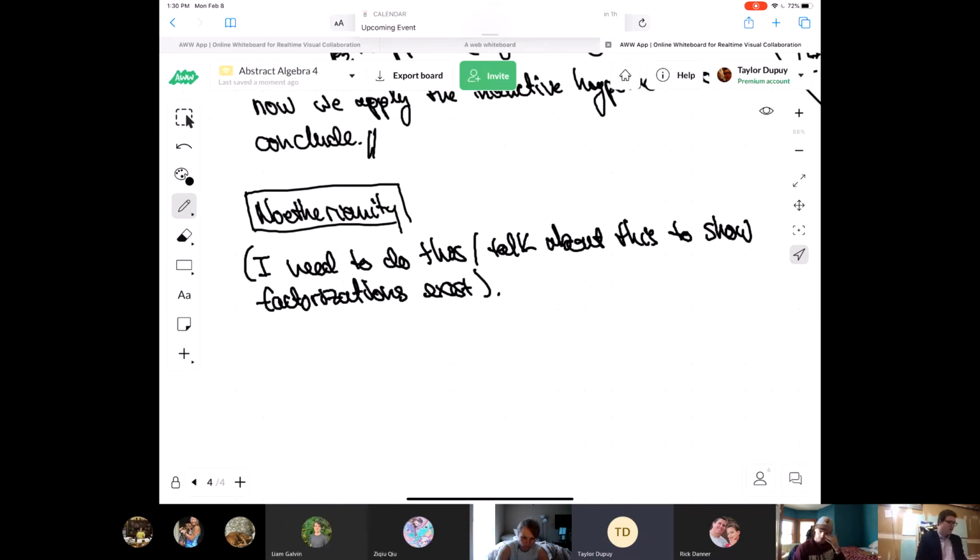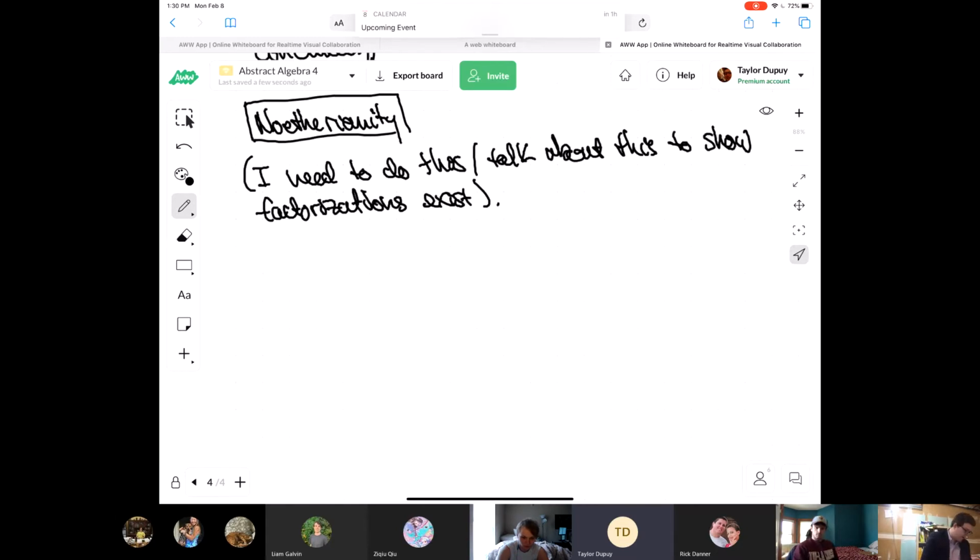So recall that a ring R is Noetherian if every ideal is finitely generated. There are two other conditions that we need.